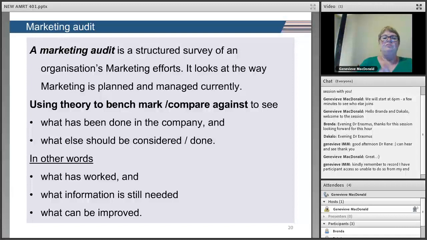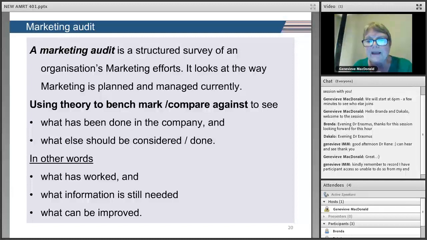So then we do a marketing audit. As I said, go and talk to your mentor, your manager, and the people that are actually working on these projects, who did it on the previous run, for instance. A marketing audit is a structured survey of an organization's marketing efforts.